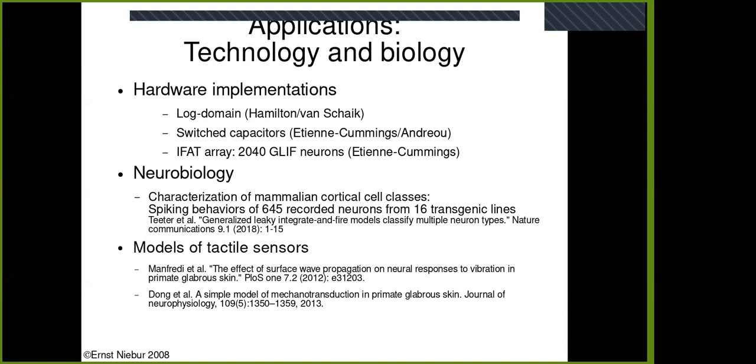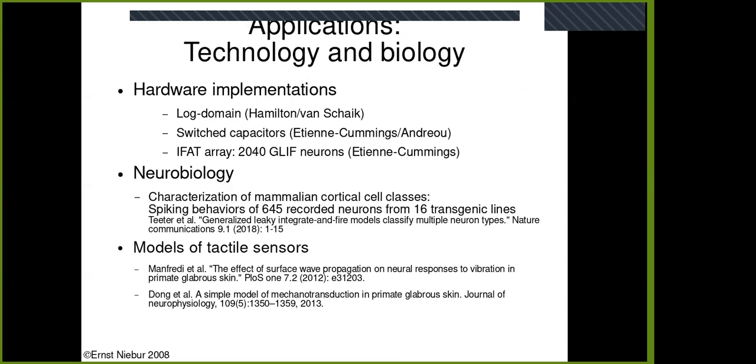And because this is the tactile group, there are at least two studies where this model has been used for modeling primate sensory neurons in the hand that we heard about this morning. One is from our own group, Dong et al., and the other is from Sliman Bensmaia's group. So yeah, I recommend that.